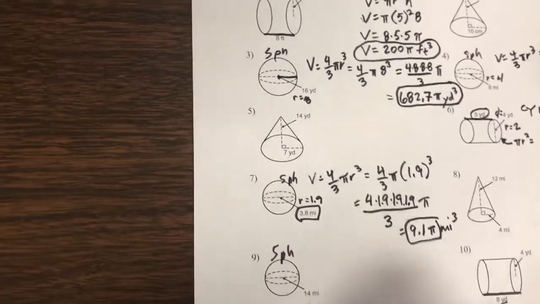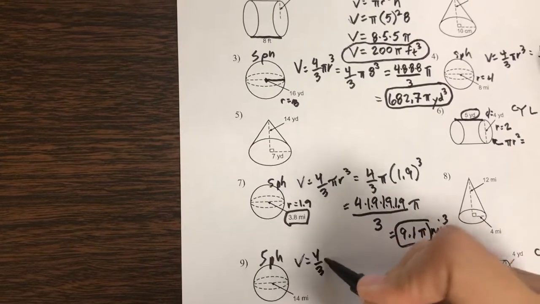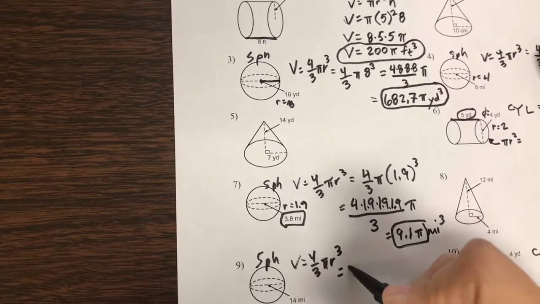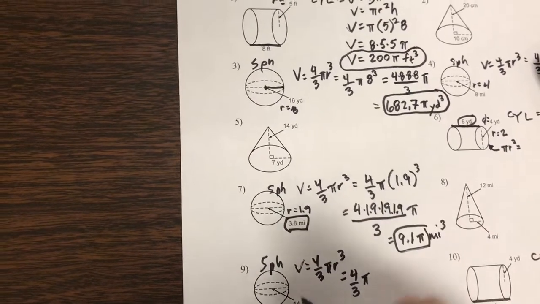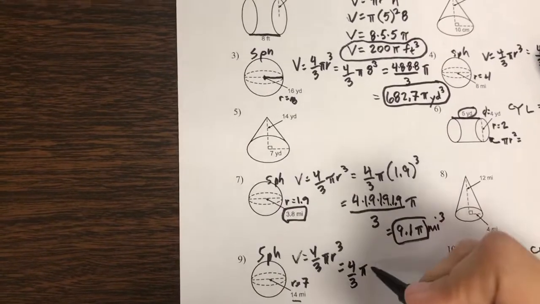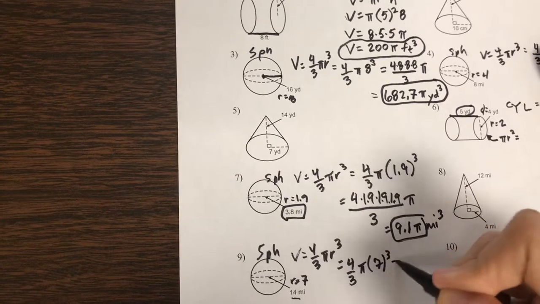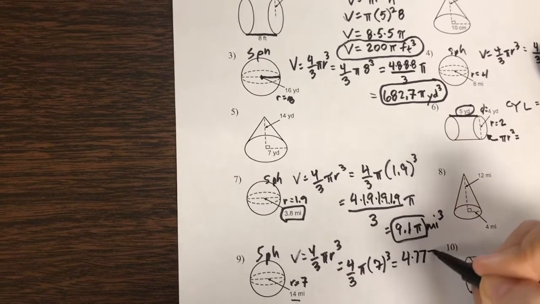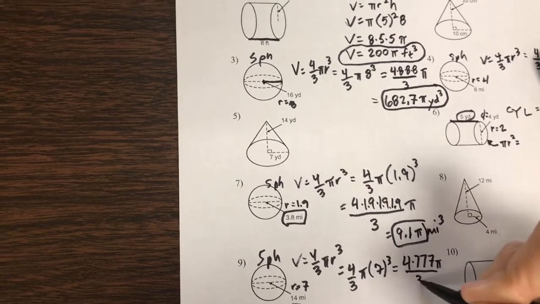Awesome. Next one, sphere. My radius would be 7 because the diameter is 14, so 7 cubed. So 4 times 7 times 7 times 7 times pi all over 3.